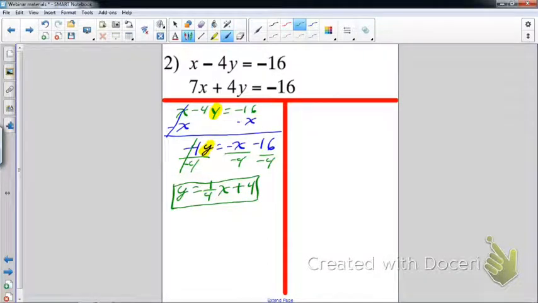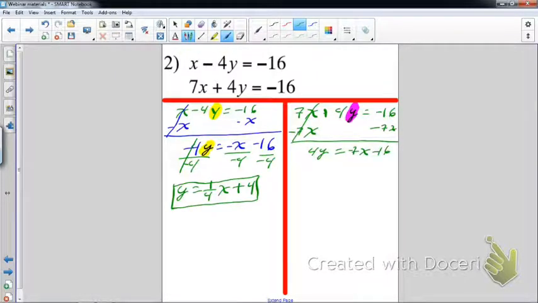The second line that I have, again, we have to go through the whole thing again, and we have to be able to solve for y. Where we get to use the subtraction property of equality, and we use it on both sides. That simplifies, and then I'm left with 4y is equal to -7x minus 16.